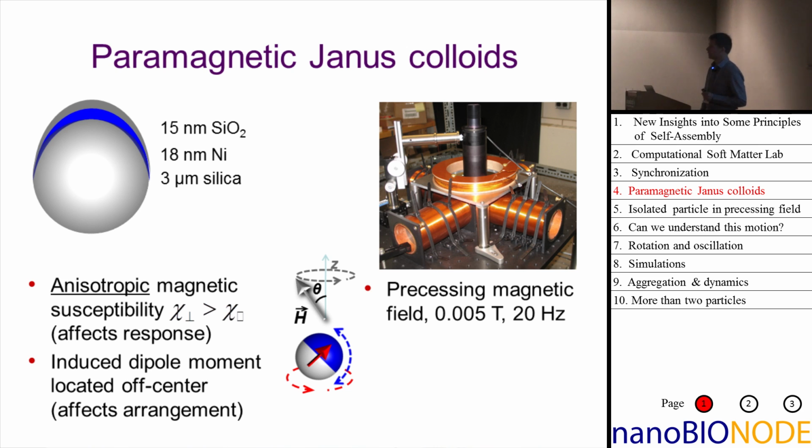So you get a strange situation that you put a paramagnetic object in a magnetic field, and the magnetic moment induced will not be parallel to the field. Very strange, very counterintuitive. So then you get a torque, because the magnetic moment of the particle doesn't align with the applied field. So the particle will start to rotate spontaneously.